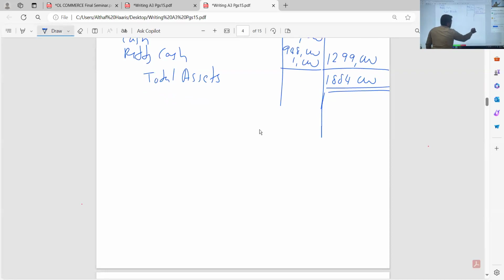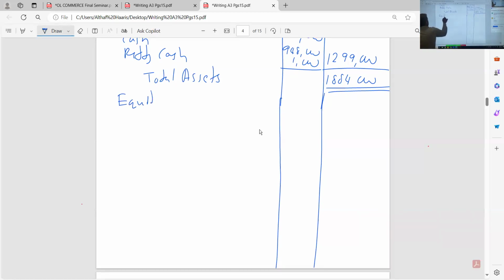So let's do the last part. Equity. Opening capital plus additional capital plus net profits minus drawings.